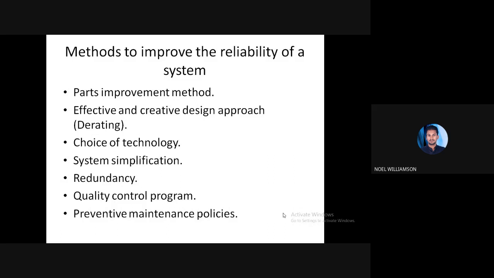So that is the parts improvement method, that the parts can be improved. Next is effective and creative design approach, where there is derating. The term derating is mainly used in electrical and electronic devices. For an electric device, like a generator or motor, there is a standard rating given, that is, how much volt or watt it should work at, say 2000 volt.